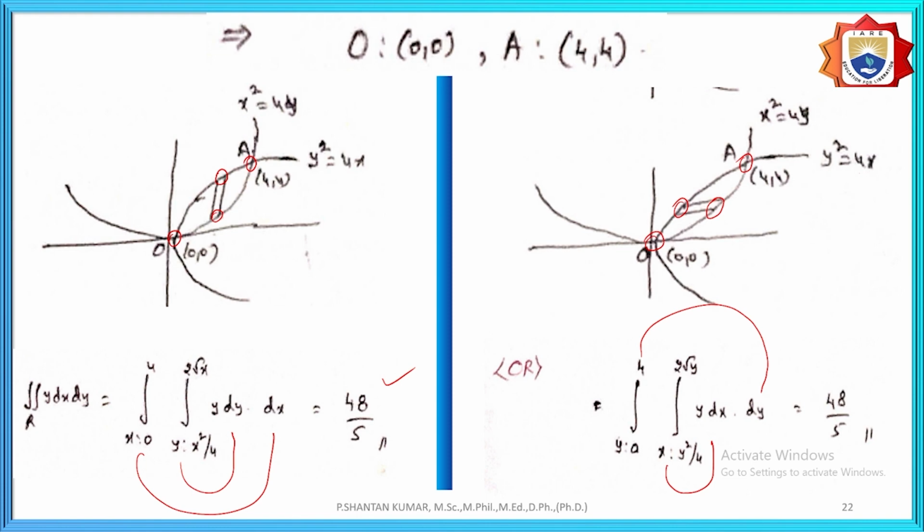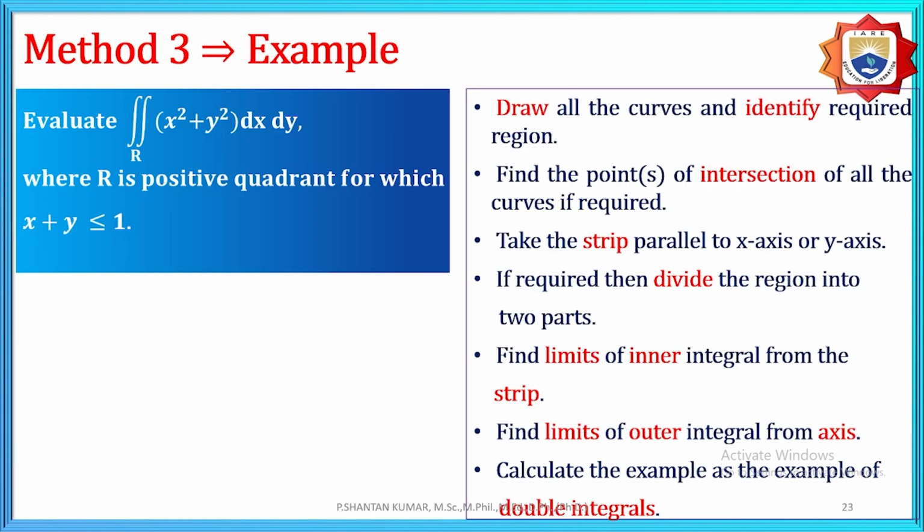We need to draw the diagram, and after that find the intersecting points, and again identify where it is a bounded region, and again based upon our choice, either parallel to y-axis or parallel to x-axis, we need to take the limits with respect to variable and points, and find the solution.